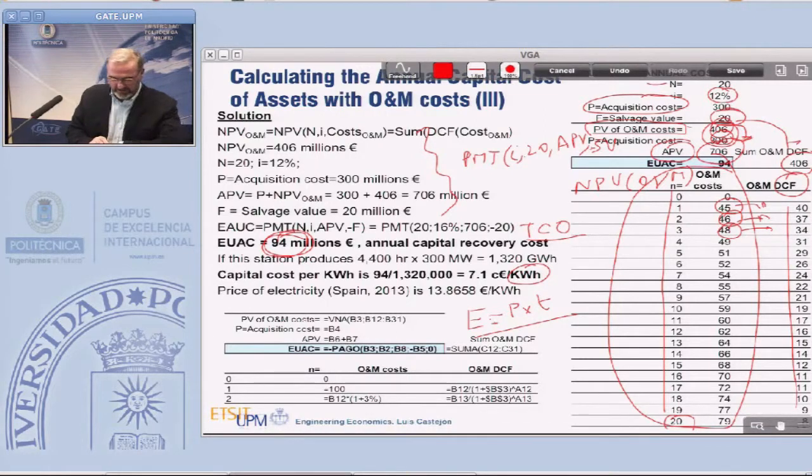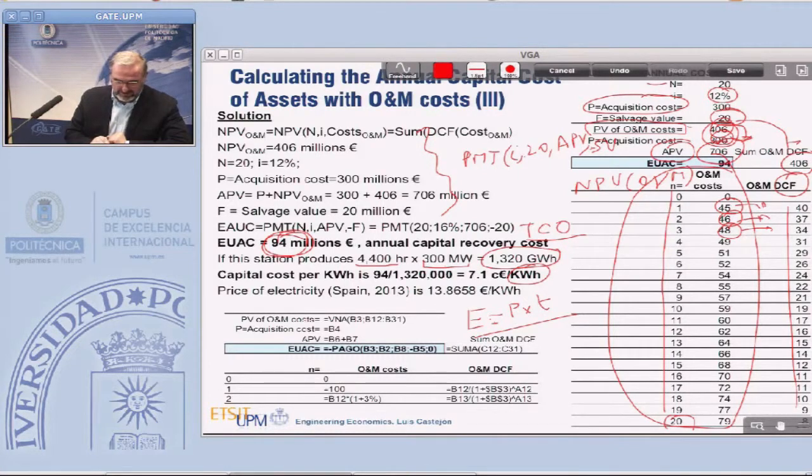If the station produces 4,400 hours per year, we multiply by the power of the station, which is 300, and the annual total production of this power station is 1,320 gigawatt hours. And then we divide the total cost of using this power station by the total production, and we can have the unitary cost of production.